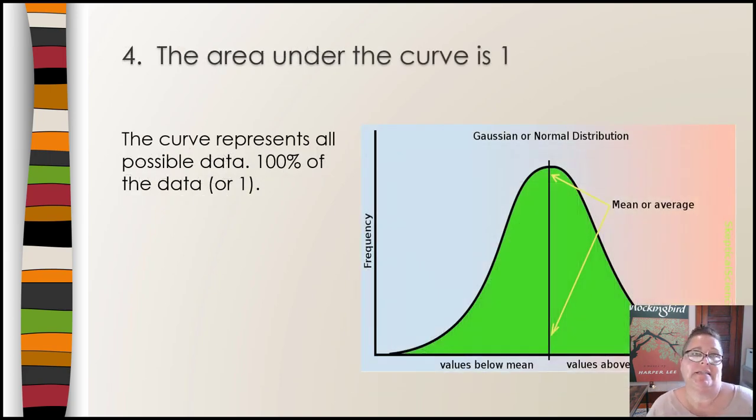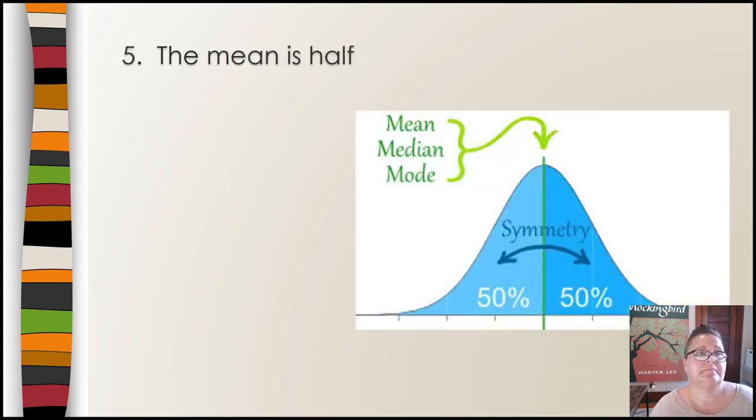Normal curves are known as density curves in that everything underneath the curve is considered to be 100% of the data and therefore has an area of 1. The mean would be halfway.